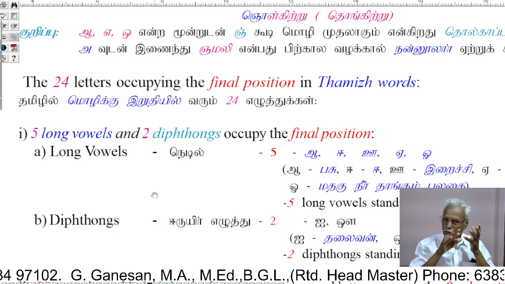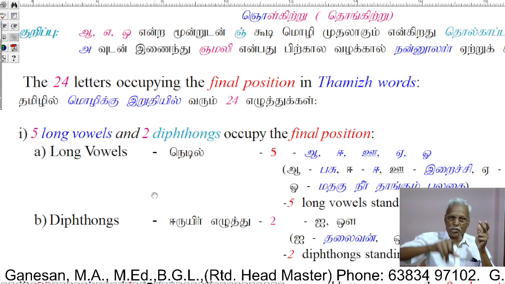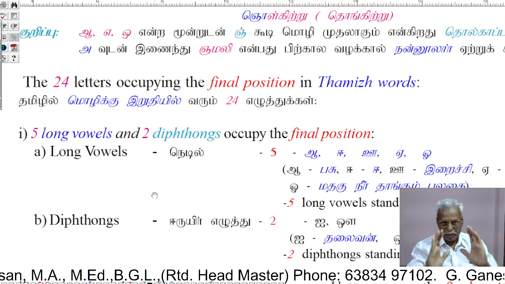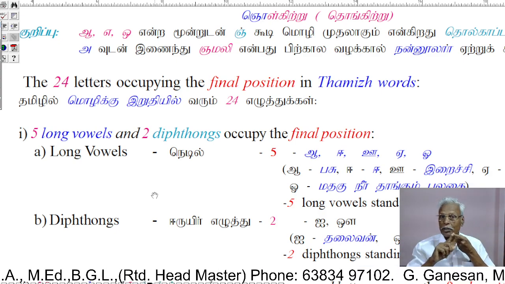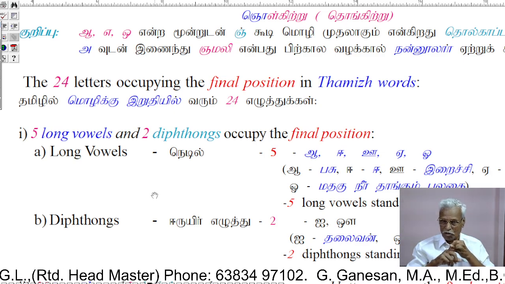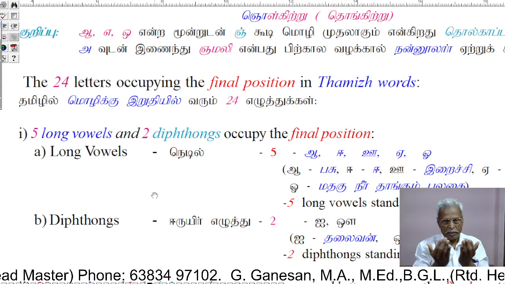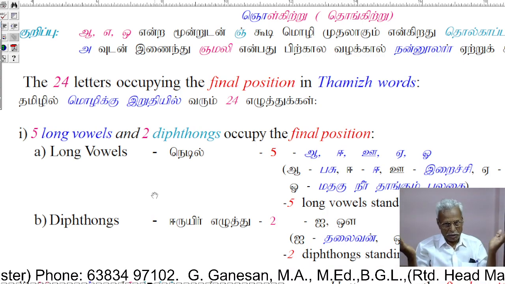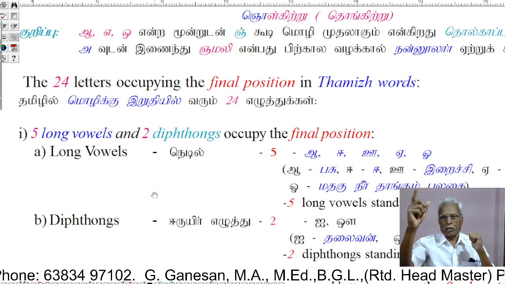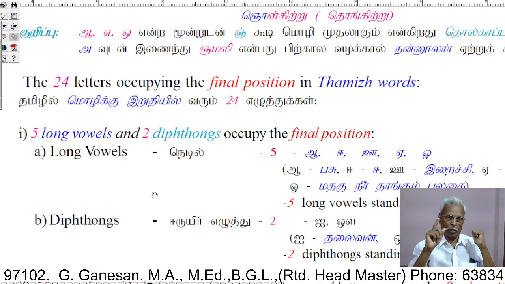But the 5 long vowels and 2 diphthongs, standing alone, without combining any letters with them, could act as a word.